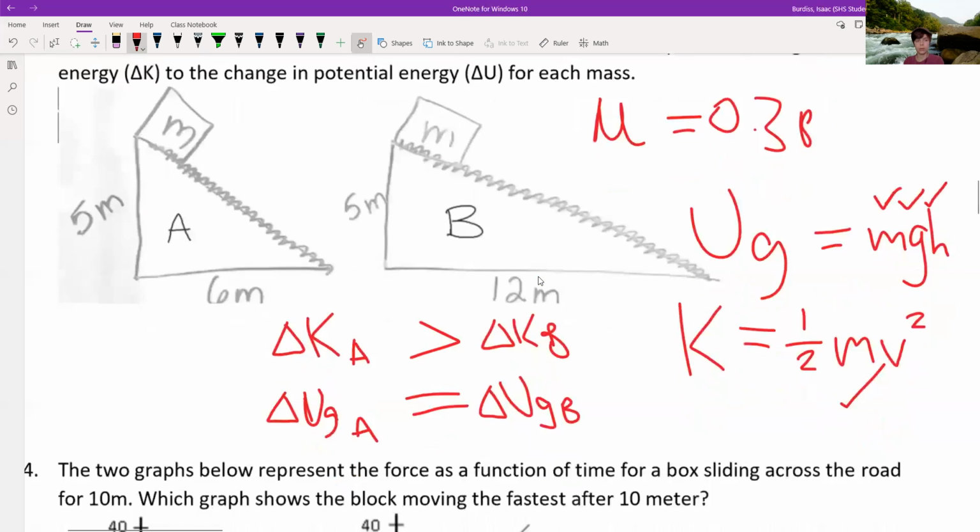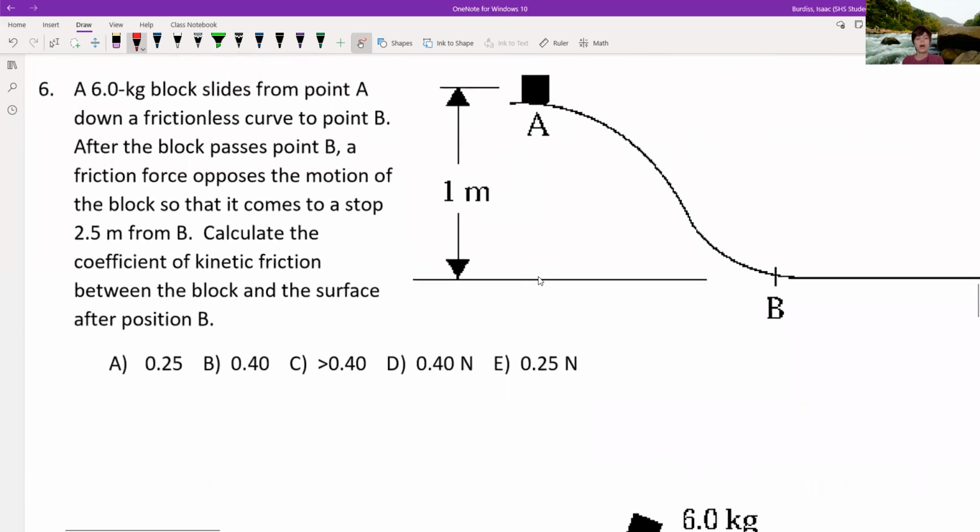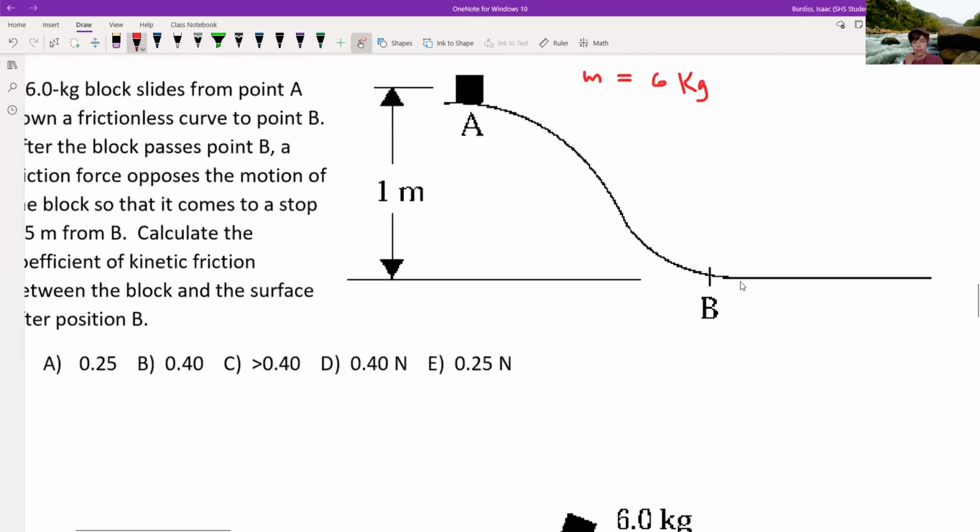All right, let's look at number 6. A 6 kg block, let's go ahead and write that. Slides from point A to point B. After it passes B, oh, of course, there's a friction force. See, they try to do the dumb things like that. So let's just make this a little scratchy looking because there's friction. But there's no friction for that part.